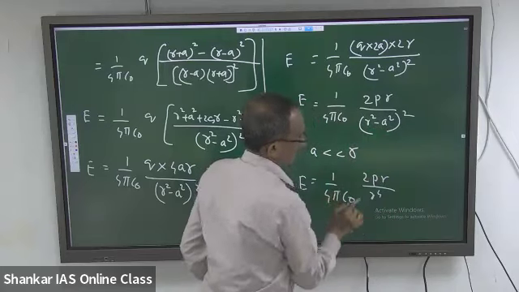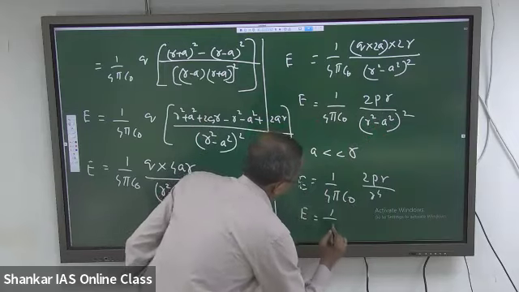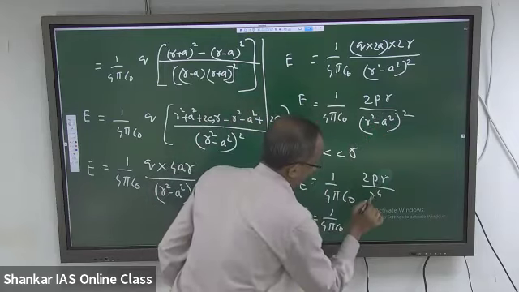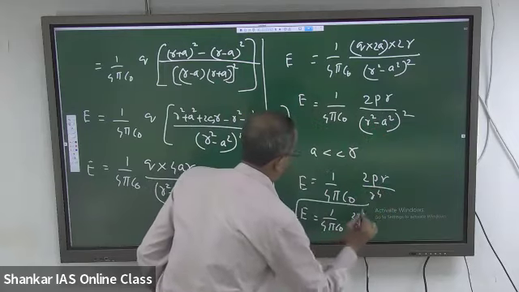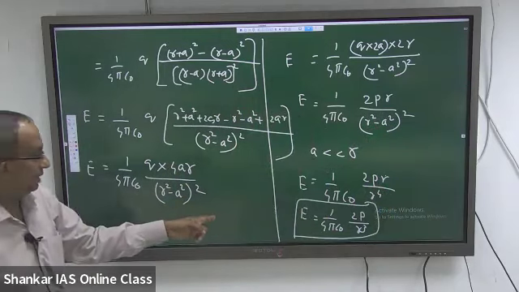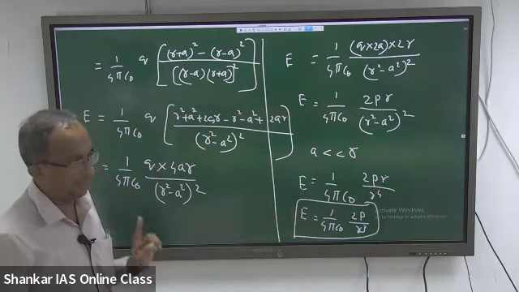R squared raised to 2 is R raised to 4. So we can write E is equal to 1 by 4 pi epsilon naught, R and R cancel, 2P by R cubed. This is the relation for electric field intensity along the axial line of a dipole.